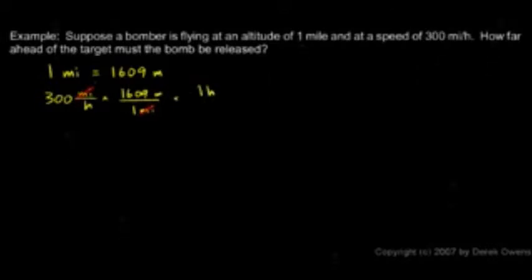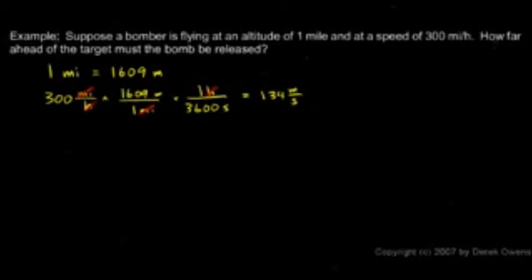And I know that 1 hour is 3,600 seconds, so the hours cancel out. And I'm left with meters per second. When I do the math here, 300 times 1,609 divided by 3,600 is 134 meters per second. So that's the initial velocity.